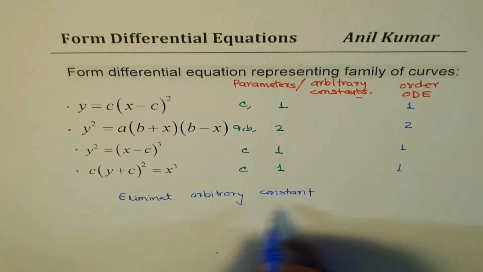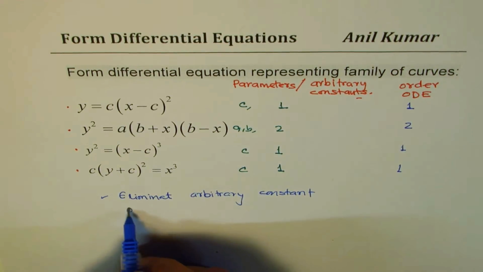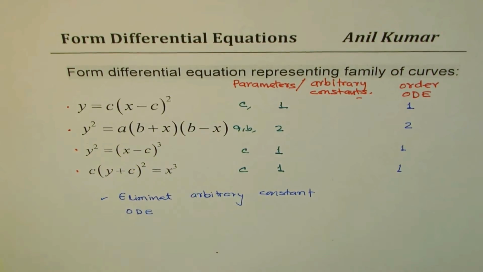Once you eliminate the arbitrary constant, what you get is your ordinary differential equation. Correct? So these are the steps involved. Let's take them one by one. You can always pause the video, copy this question, try to do them, and then look into my suggestions.